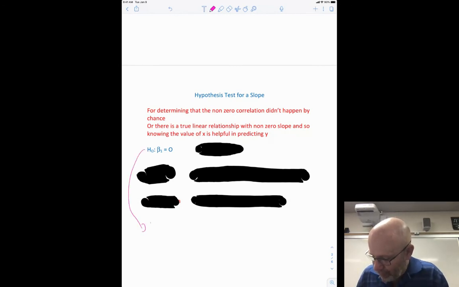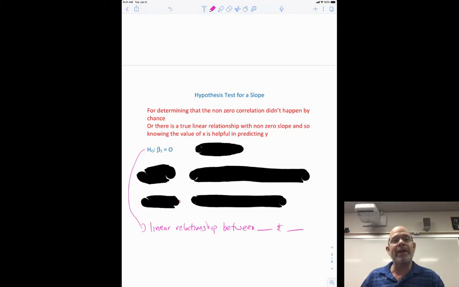I'll come down here, no linear relationship between whatever the variables are in the problem. Okay, so they mean the same thing. The alternate hypothesis is always two-tail. We don't really worry about greater than or less than, we just worry about is it 0 or not 0.